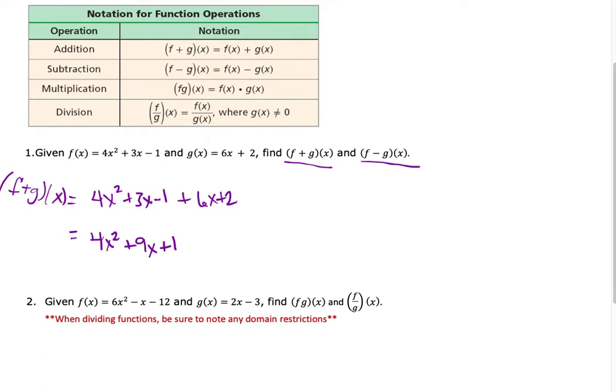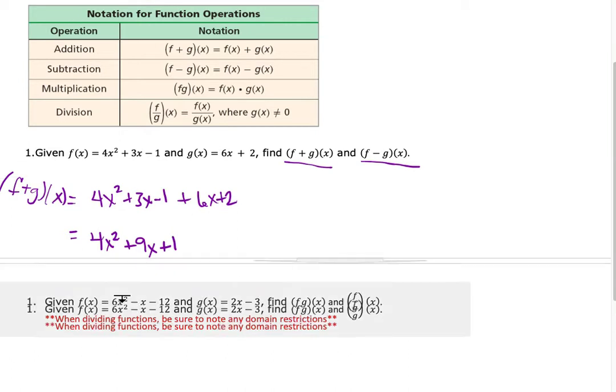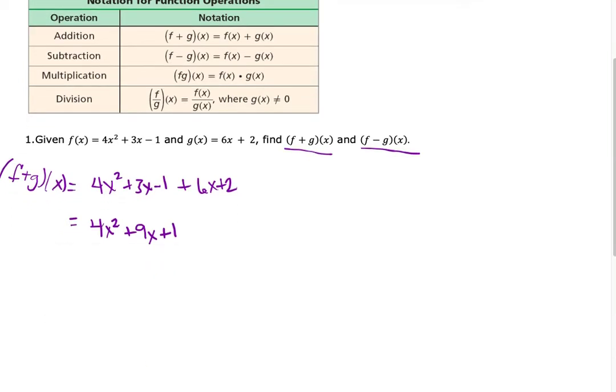Now I'm going to give myself some more space. And then I will subtract the two, and the f function goes first. So this time I will use parentheses because it's subtracting. And then I'll put in my g function. And in order to drop the parentheses, I will need to distribute this negative.